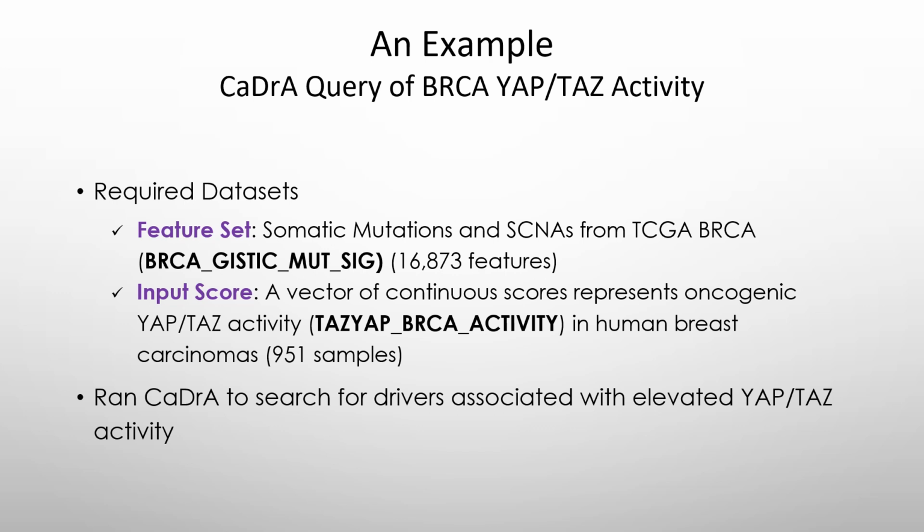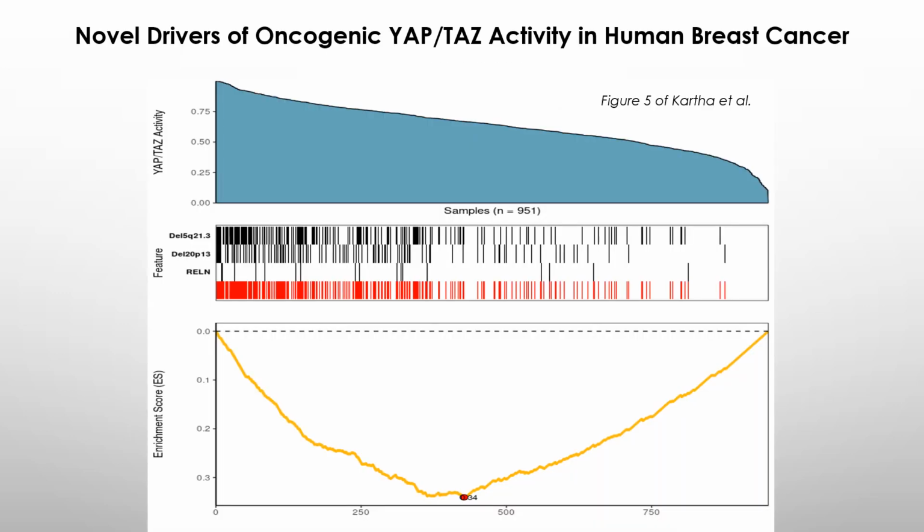And here we're asking the question: what is the combination of genetic features, mutation and copy number alteration, that best explains TAZ activity? The results returned by the application of CaDrA are summarized in this plot, which is actually one of the package outputs. The top plot shows the input score from largest to smallest, measuring the YAP-TAZ activity.